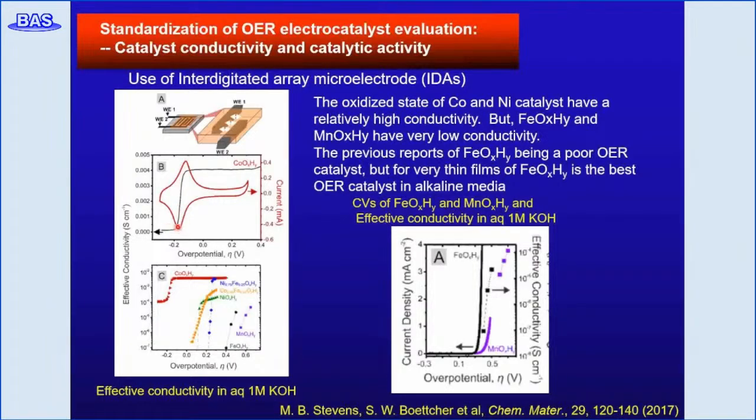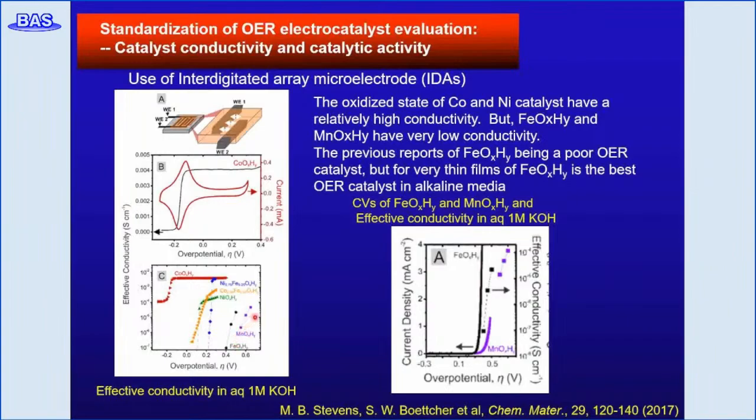Conductivity as a function of potential is plotted here for the other metal hydroxides, showing that cobalt and nickel are good conductors in the higher oxidation state, while iron and manganese are not good conductors.